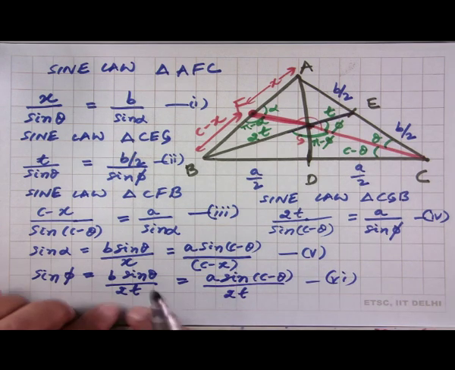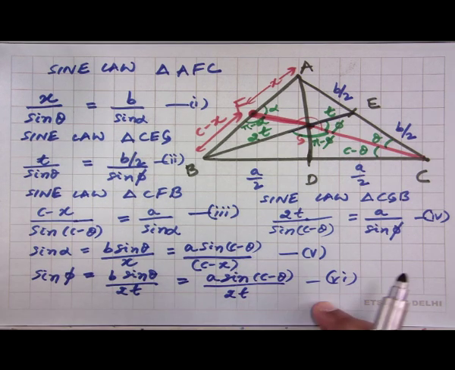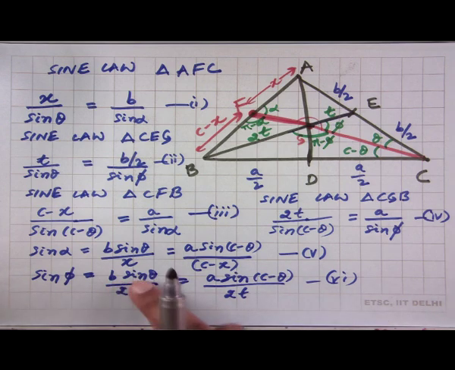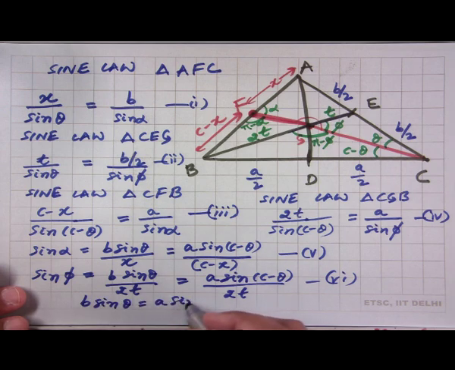So, since 2t is common to both the denominators here in equation 6, it follows that b sine theta equals a into sine of c minus theta.